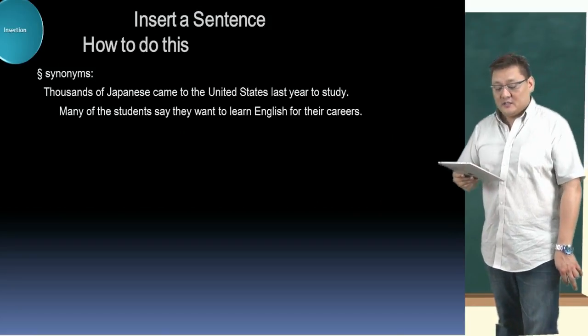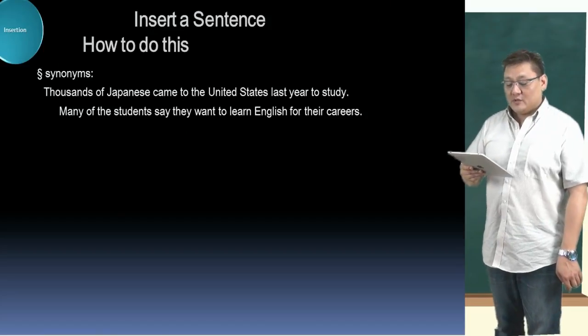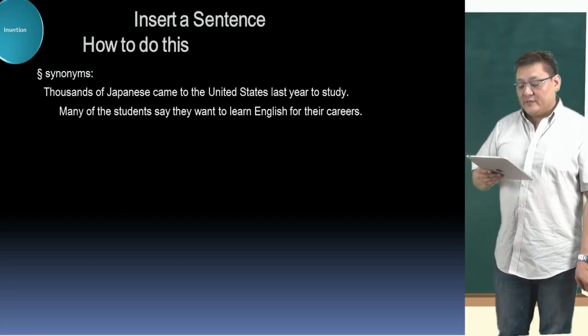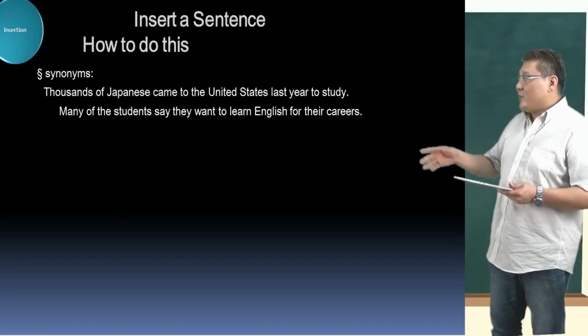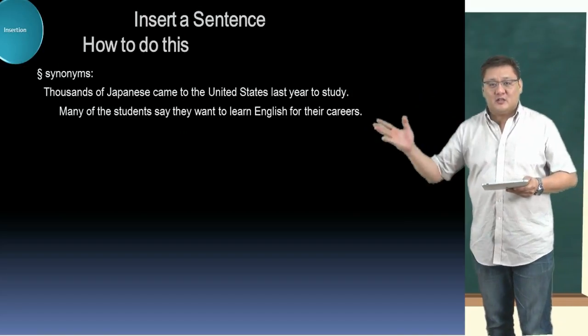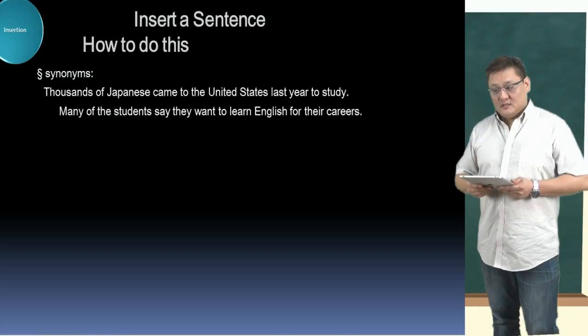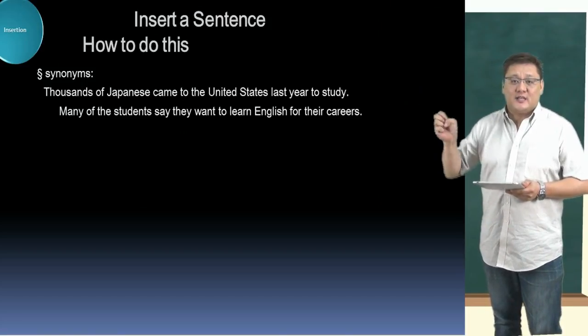Learn English and study are the same thing, right? Got it? Okay. Students equal thousands of students, same thing, right? The only difference is study and career, right? So what happens is we use synonyms in very, very similar parallel patterns to make up the next sentence. Okay?